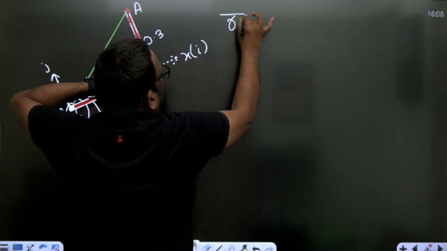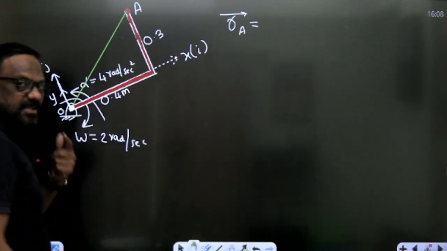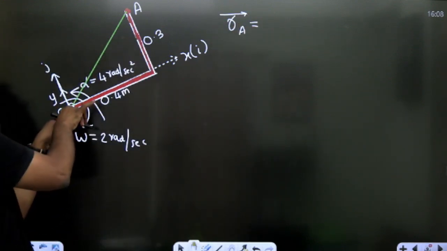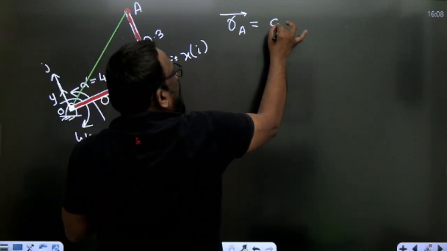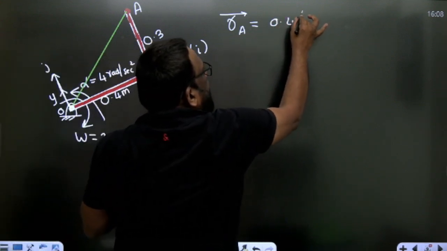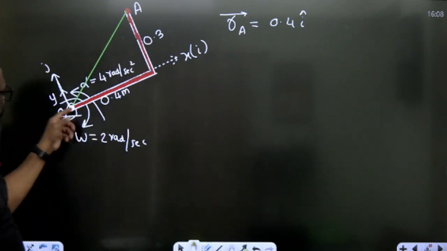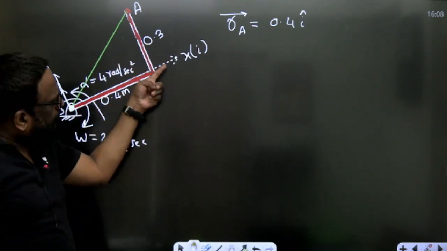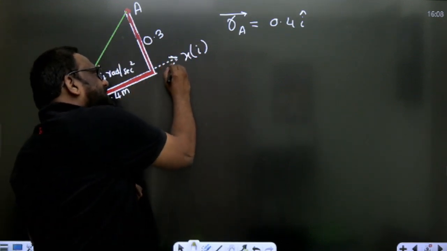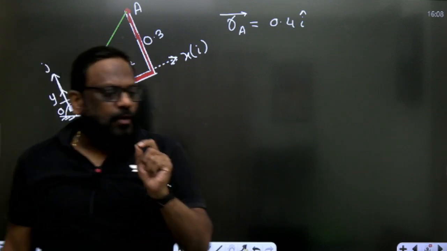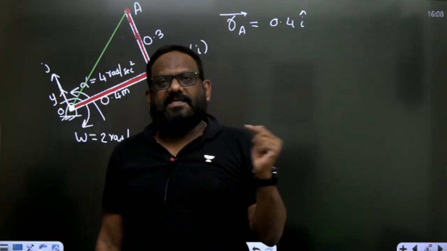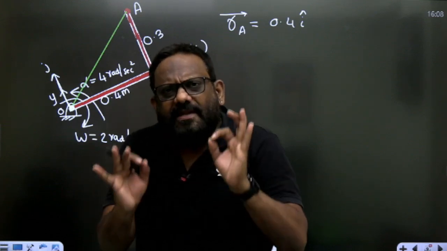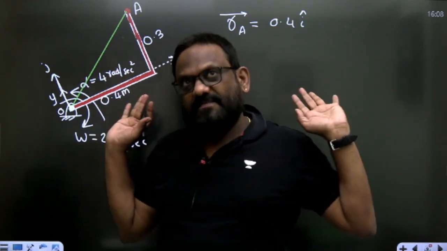The position vector of A is given by, my dear students, from the origin how much positive x is it? 0.4. So it is 0.4 i cap. From the origin it is to the right side, meaning positive x direction, because the axis is selected like this. And one more thing, don't think that x and y are always horizontal or vertical. Coordinate axis is your choice.